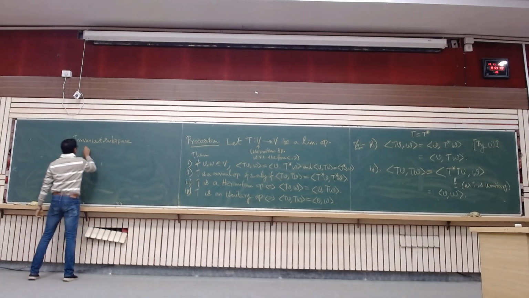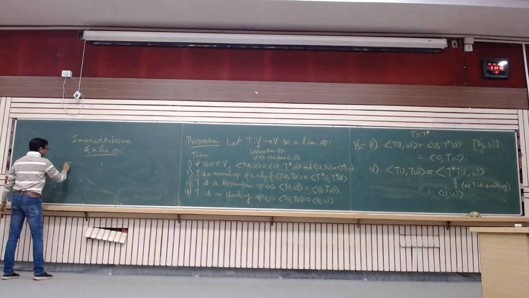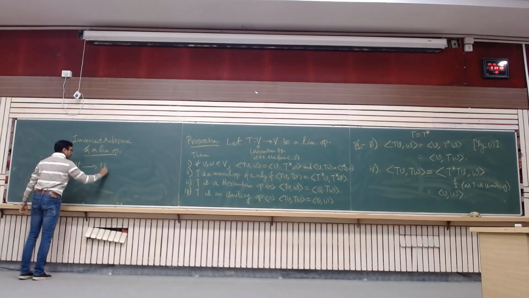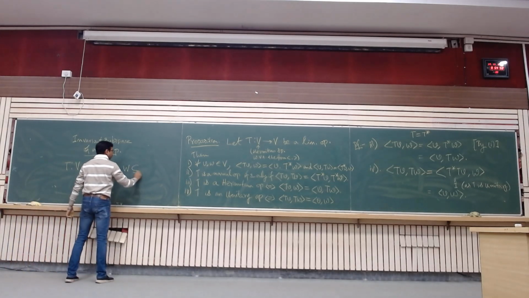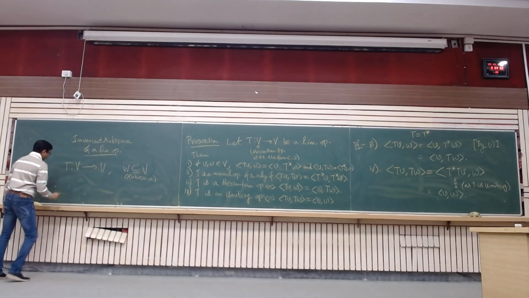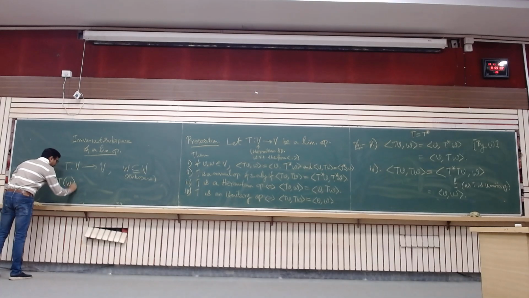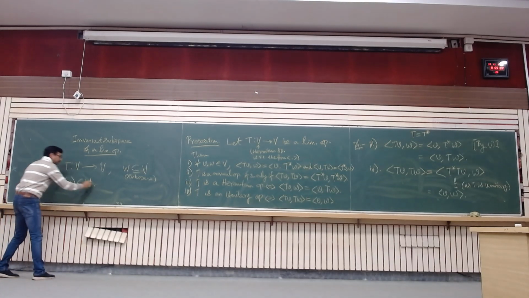So suppose T is a linear operator from V to V and W in V is some subspace. Then W will be called an invariant subspace of T if TW is inside W.